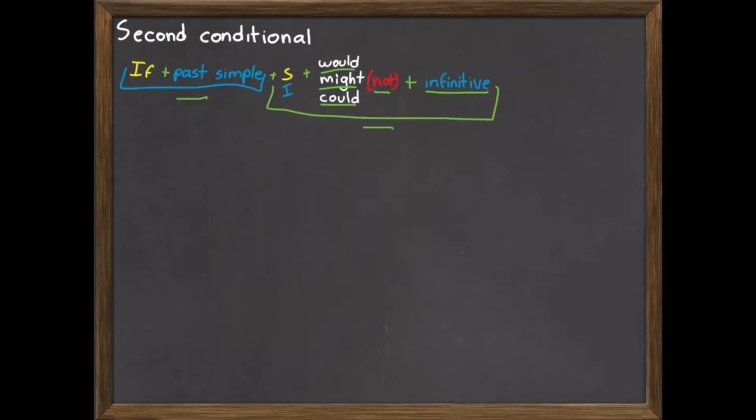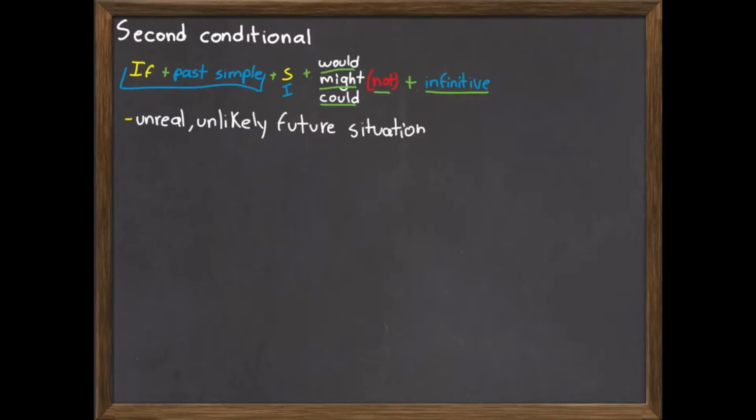Now let's look at how we can use these. First, let's look at the first example. An unreal or unlikely future situation. That means that we use the second conditional to talk about an unreal future situation, and a situation that is unlikely or almost impossible to happen.